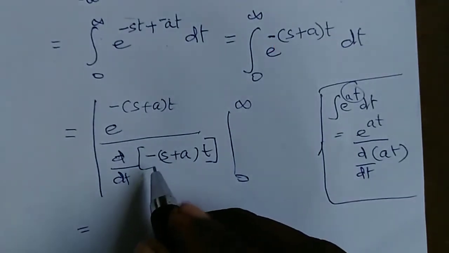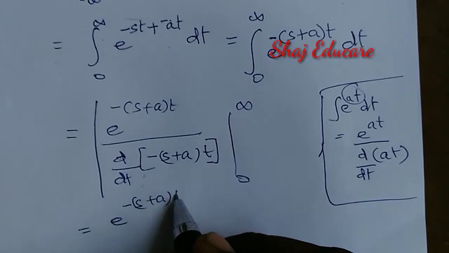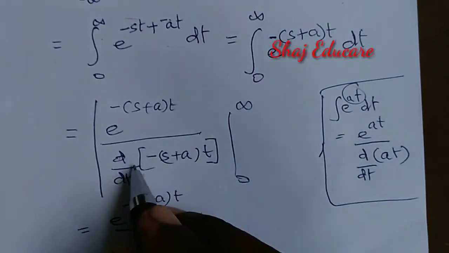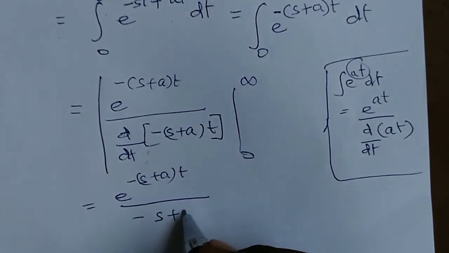Now let us solve this. E raised to minus s plus a into t divided by, what about this one? This one becomes minus s plus a.